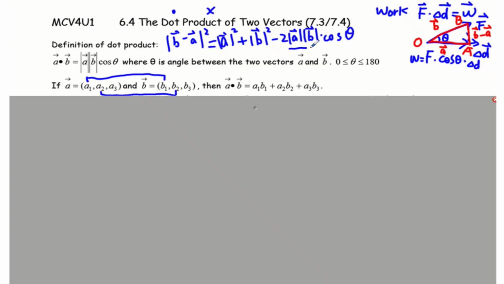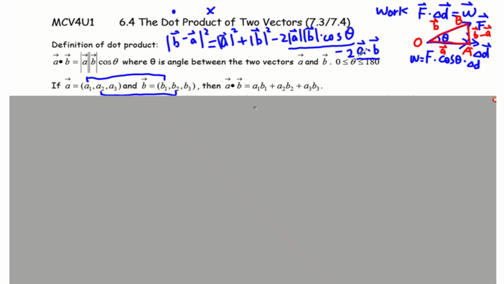So this is our A dot B. So minus 2 A dot B. And the magnitude of B minus A, the magnitude of A, magnitude of B, we can write them out. We just move everything to the other side and simplify. We could get A dot B, the dot product.